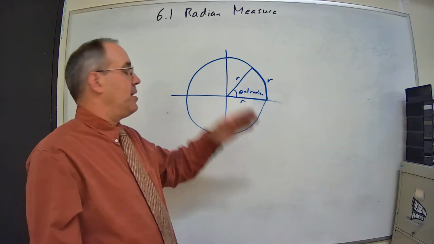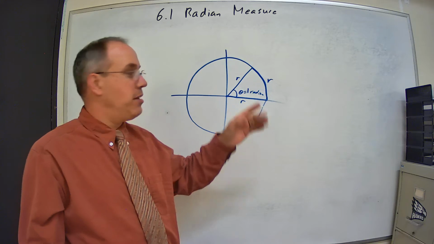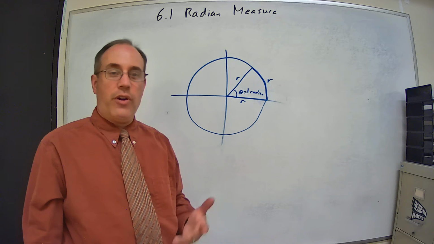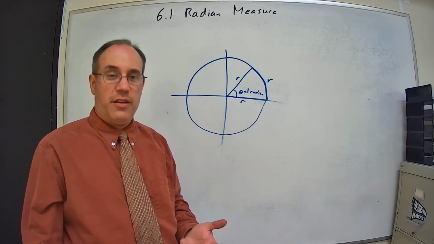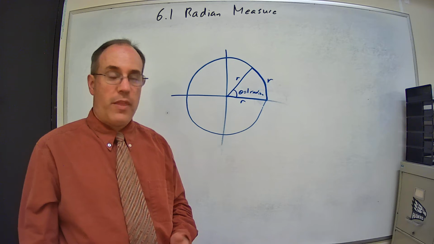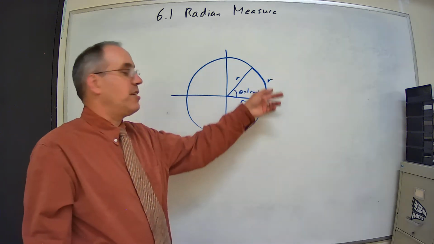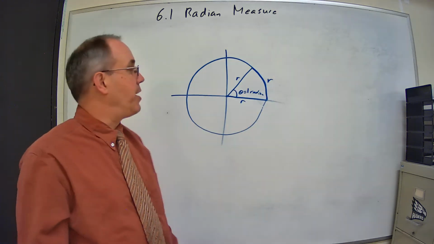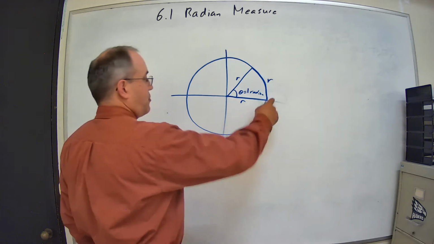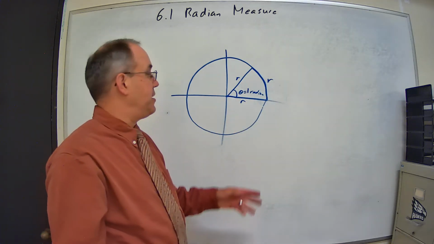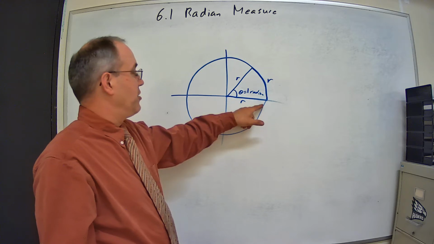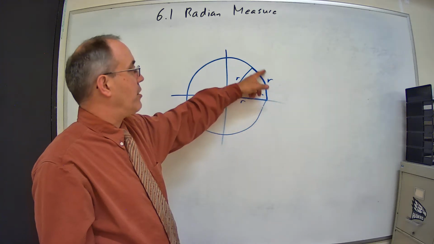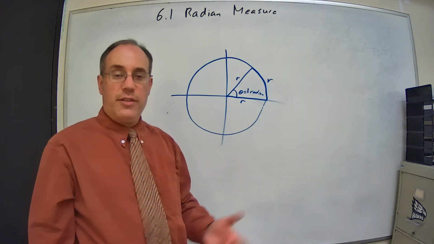So 1 radian is the angle necessary to create an arc of length r, or an arc that is the length of the radius of a circle. Now many times we use s for the length of an arc on a circle, but right now we're specifying that this is basically a pie piece that has two sides that are length r, and the arc between them is also length r.